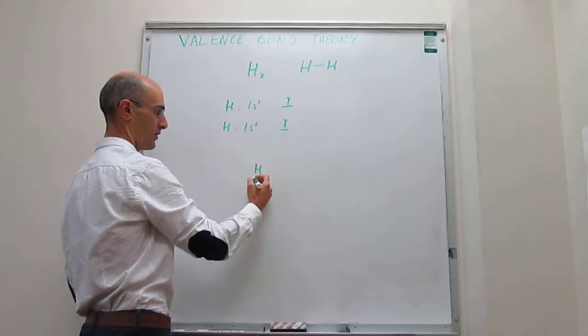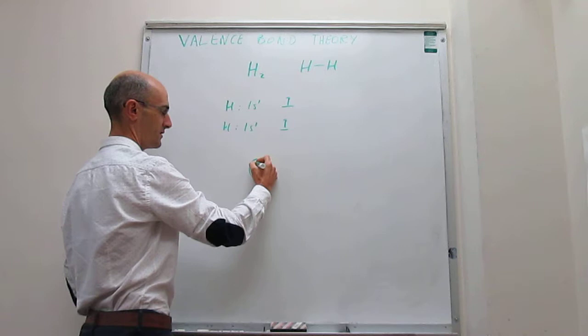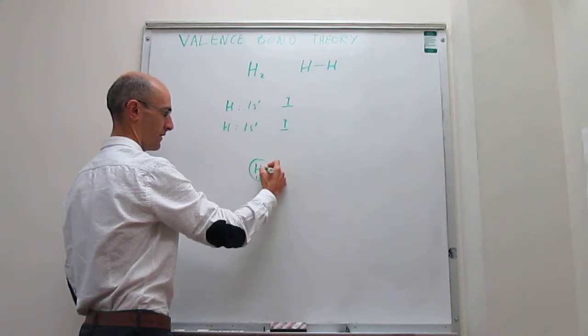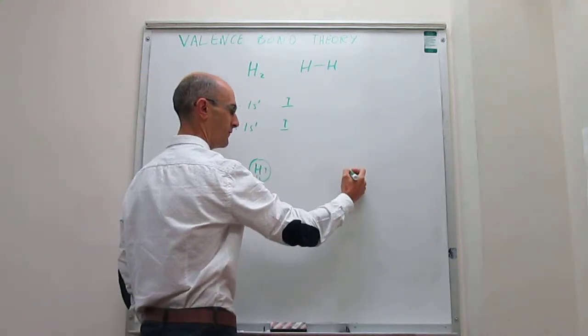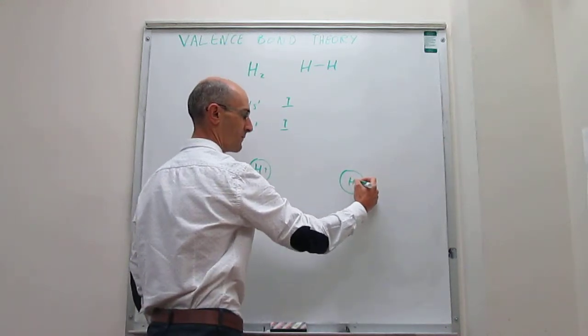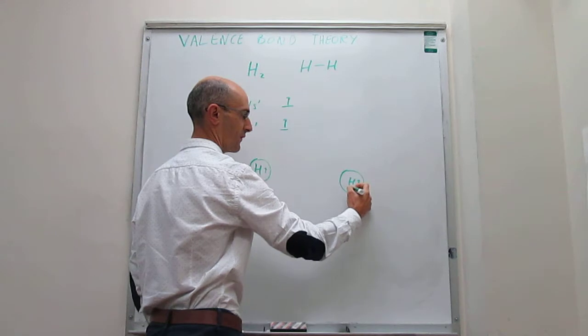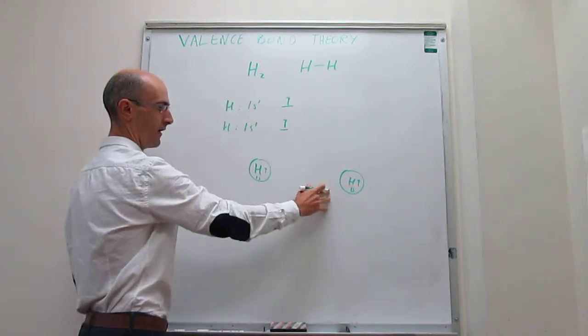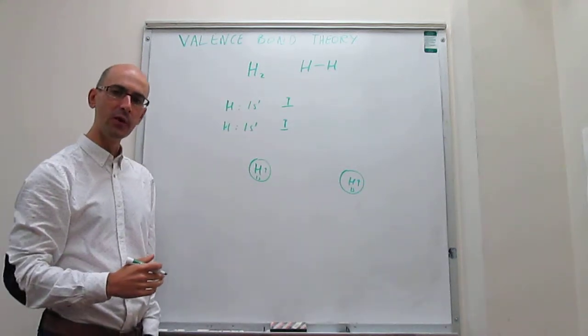Here you have a separated H atom, that is the 1s orbital, and it has one electron. And here you have the other H atom, the 1s orbital representing the 1s wave function for that electron. When they're very separated, those two atoms do not interact.